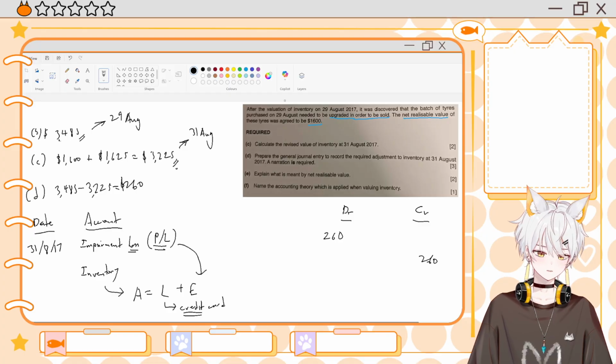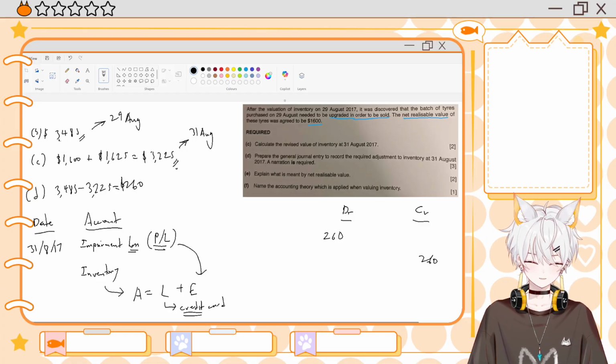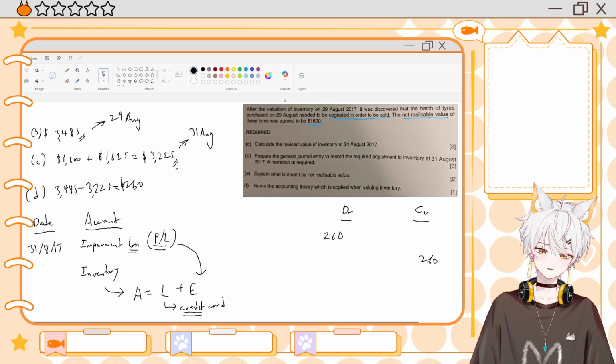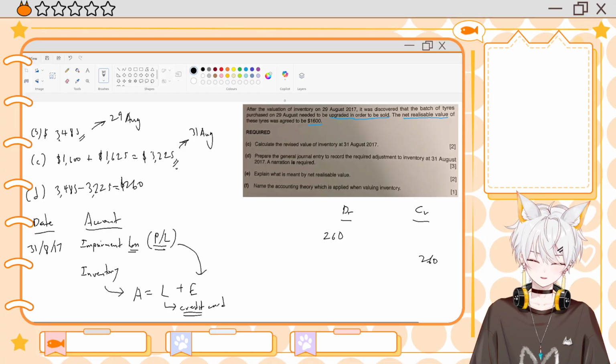Right. So if your equity decreases and it's on the same side as liability, you debit it to decrease equity. Does that make sense? This is a lot harder to visualize because you don't have the profit or loss.